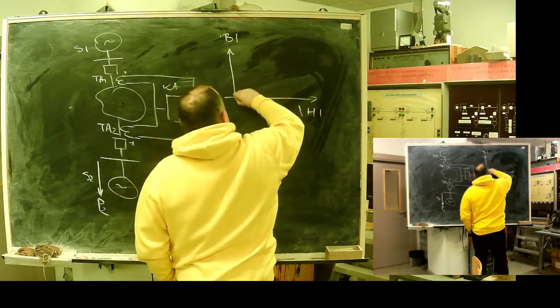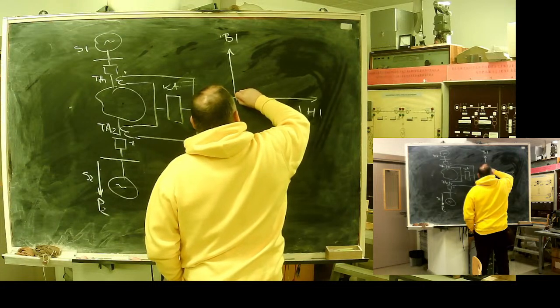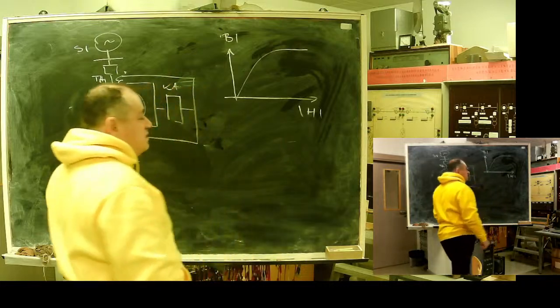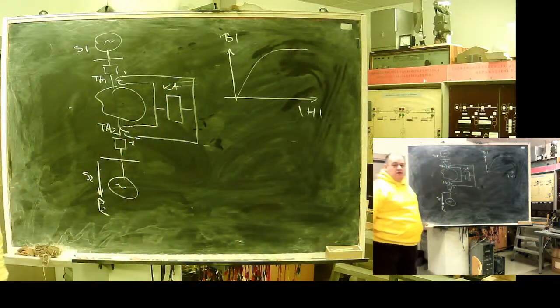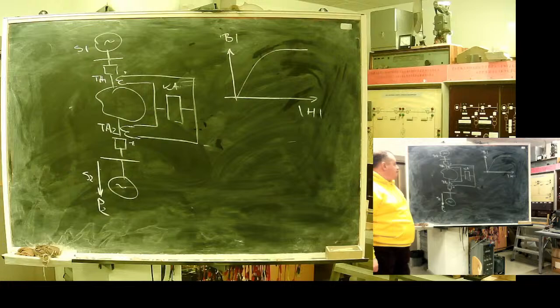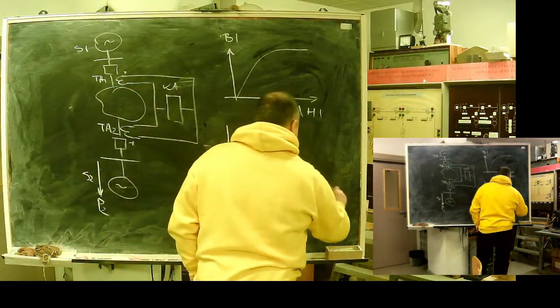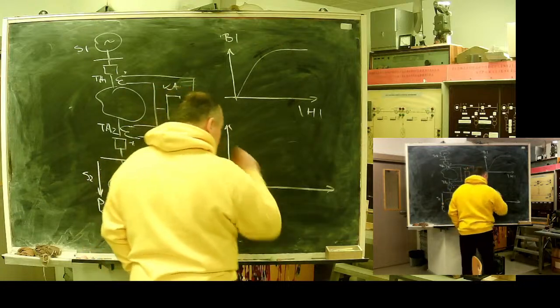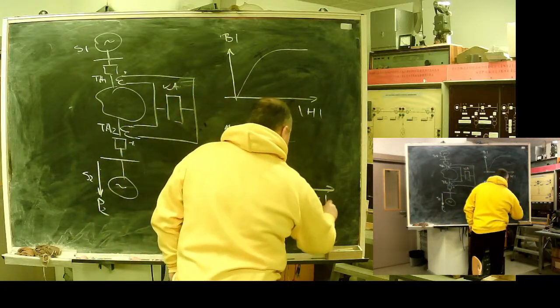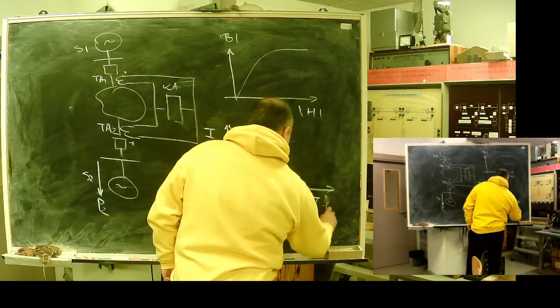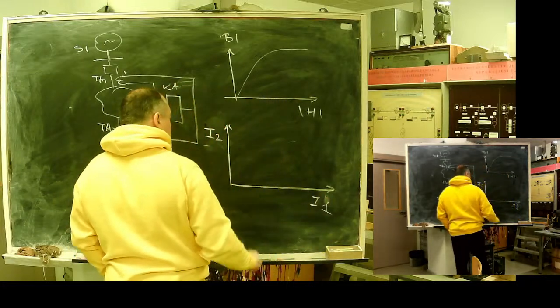A real current transformer has a magnetizing characteristic, the induction curve. Primary current, secondary current.